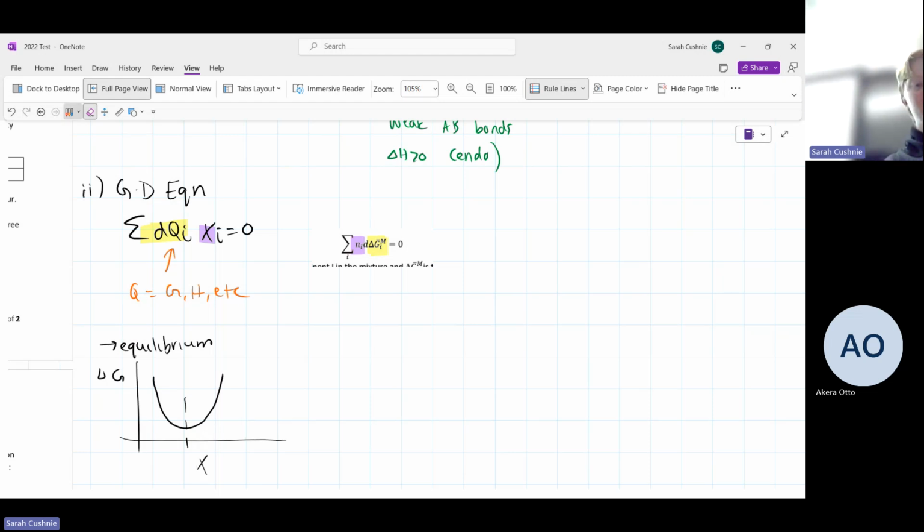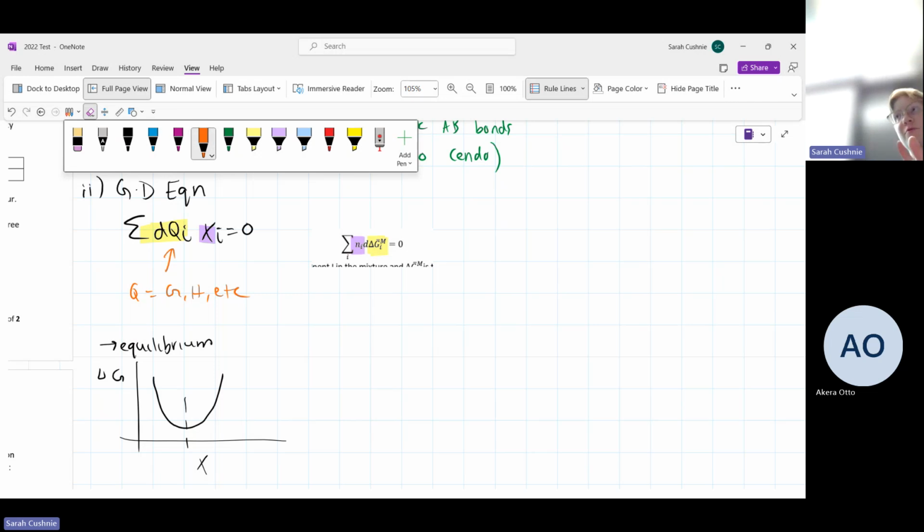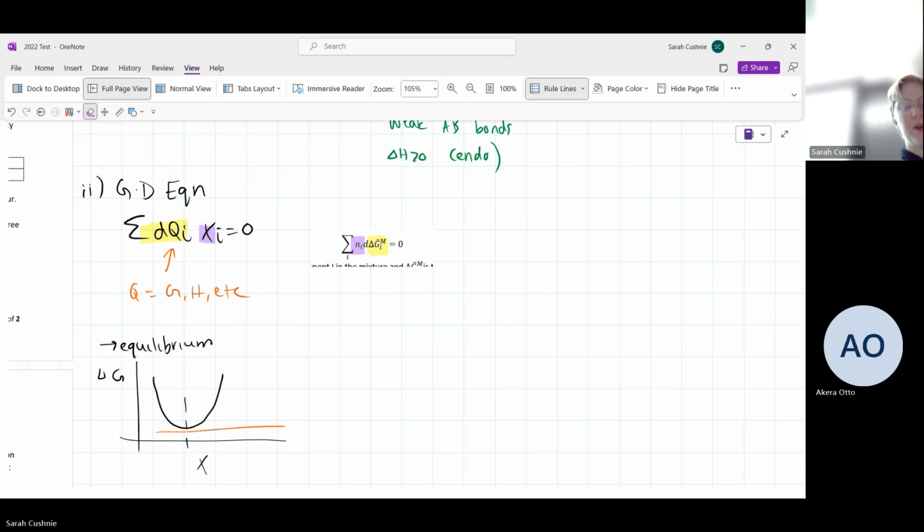If we're at the bottom, at our local minimum, we have a horizontal line, so the slope, that change in Gibbs free energy, delta G, is equal to 0. If you think about the slope, that kind of makes sense. So that's the Gibbs-Duhem equation.